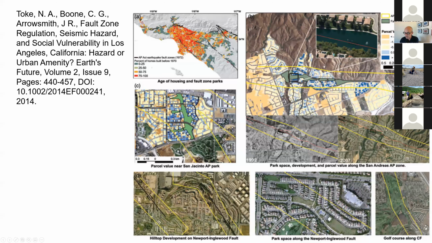It's the opposite of what you think is going to happen, because you think, who would want to live next to a fault? Well, it turns out in a lot of places in California, everybody wants to live next to the fault because it's open space. That was an unexpected outcome of sustained fault zone mapping and zonation.